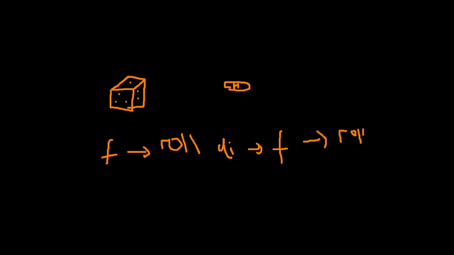And I'm gonna look at the probability of me getting heads when I flip the coin, on both flips, and the probability of me getting a 6 on each roll. Getting a 6.